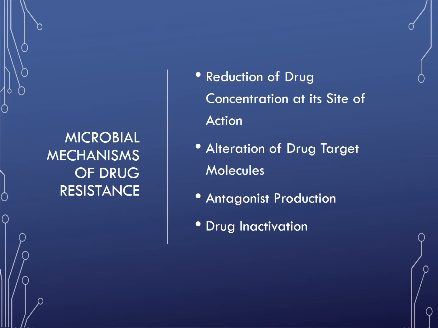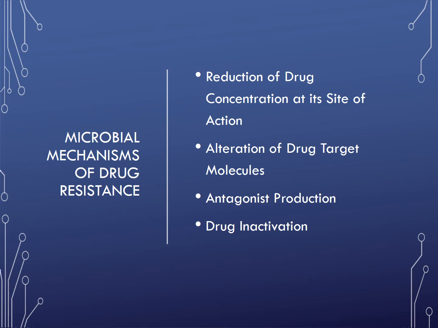Accordingly, if a bug can reduce the intracellular concentration of a drug, it can resist harm. Two basic mechanisms are involved. First, microbes can cease active uptake of certain drugs, tetracyclines and gentamicin, for example. Second, the microbes can increase active export of certain drugs, tetracyclines, fluoroquinolones, macrolides, for example.